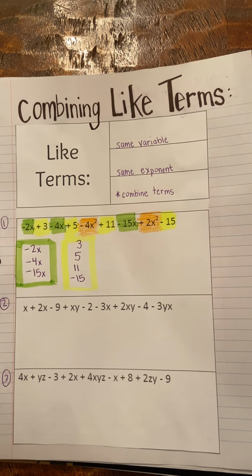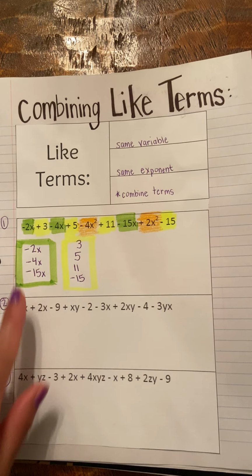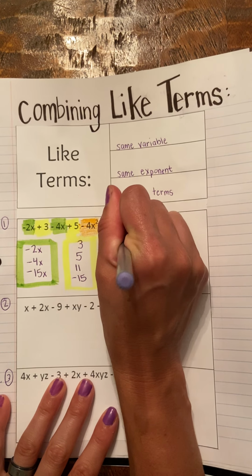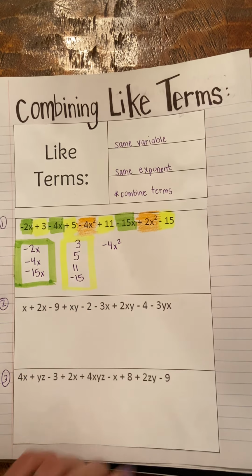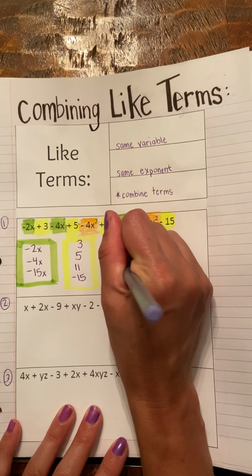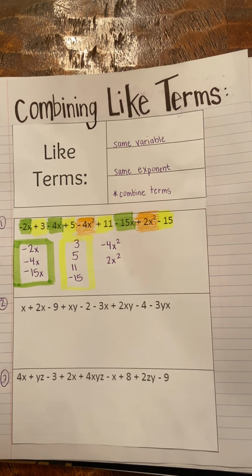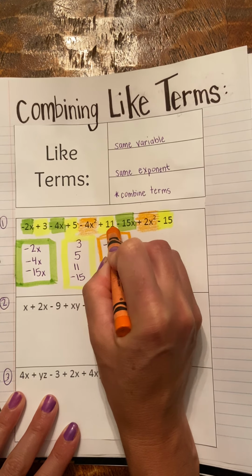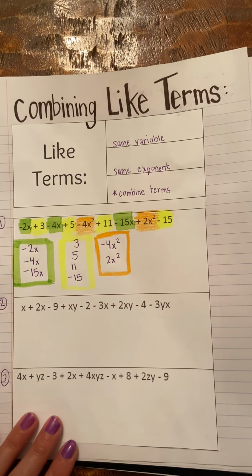And then lastly is our orange terms. That's a -4x squared and a +2x squared. And those are our orange terms. All right, everything's nice and organized now.